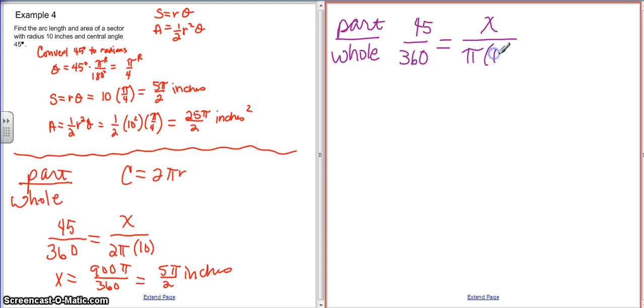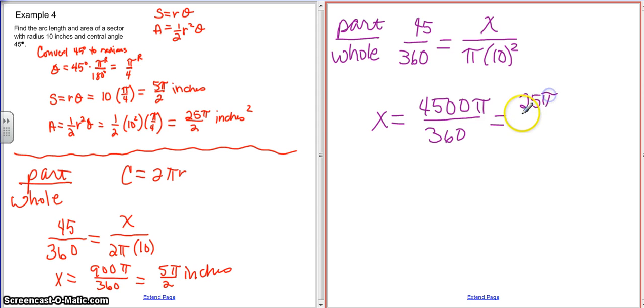So pi times 10 squared. When I do product of the means equals product of the extremes, I get x is equal to 4,500 pi over 360, which simplifies to 25 pi over 2 square inches, which is the same thing that I got over here when I used the formula.